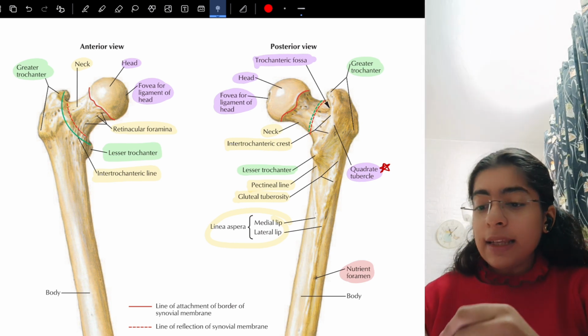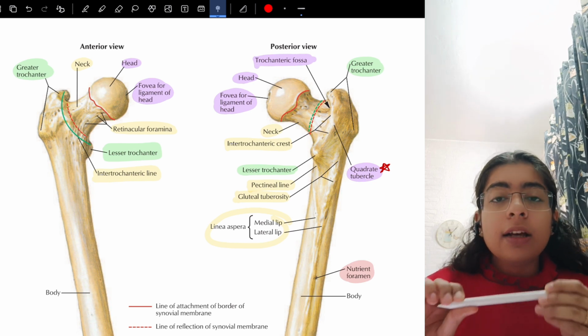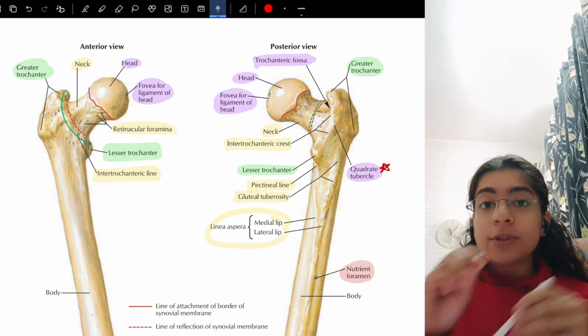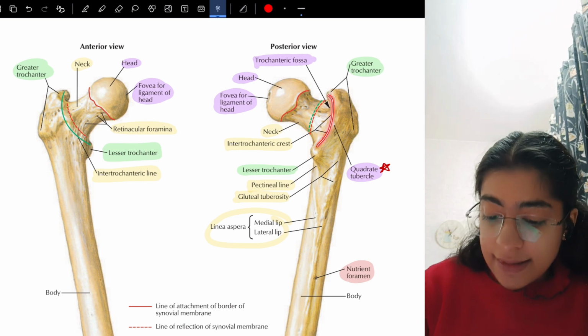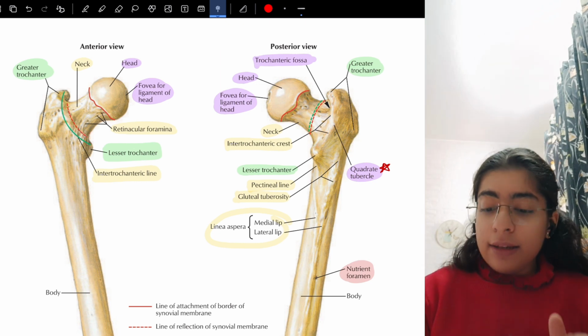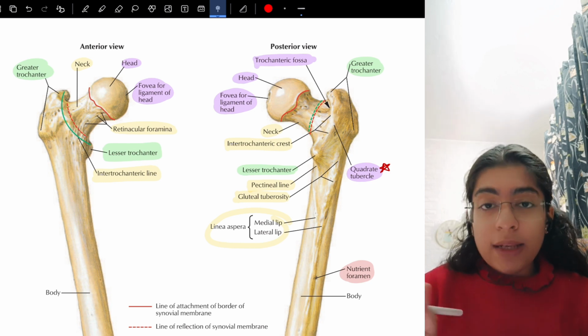If I take this pen and there is a sharp surface on it, or if I take a scale, then I can feel that sharp surface. That is a crest. So here there is the intertrochanteric crest, and here I can just draw a line. There is no such protuberance or eminence right there.